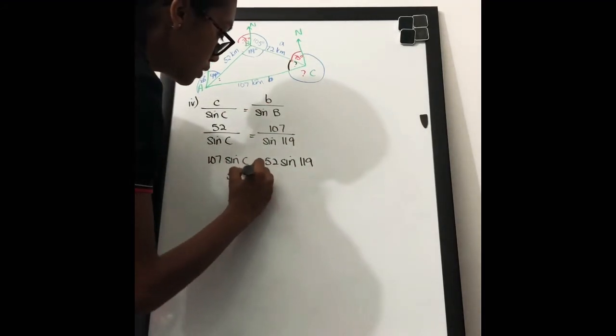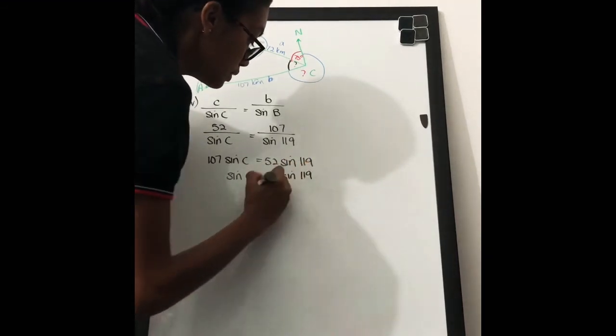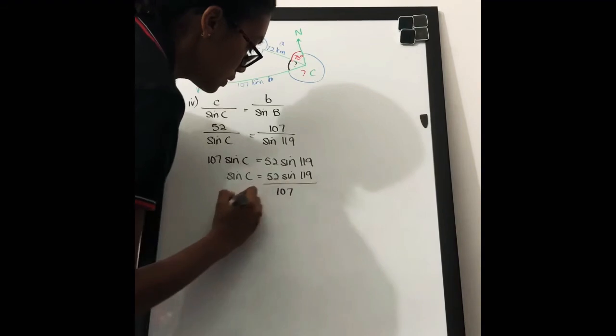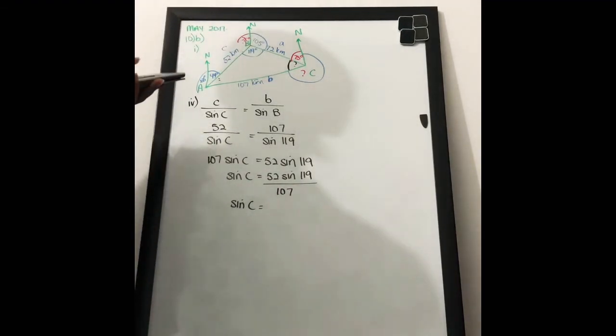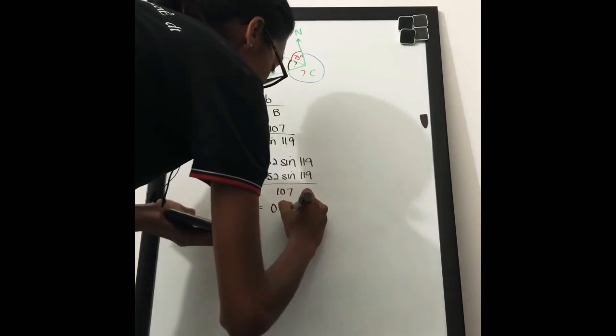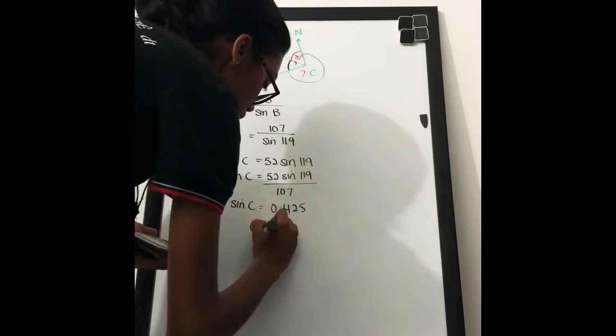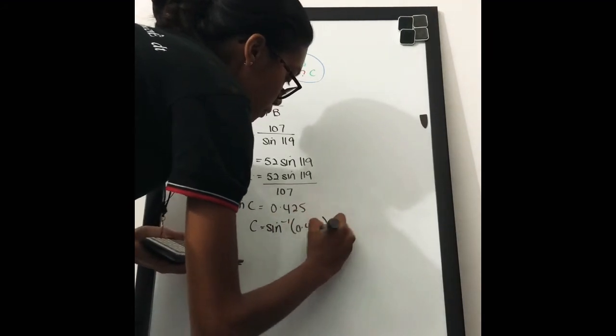So sine C is equal to 52 sine 119 divided by 107. On the calculator, 52 sine 119 divided by 107, we have 0.425. C would then be the sine inverse of 0.425.